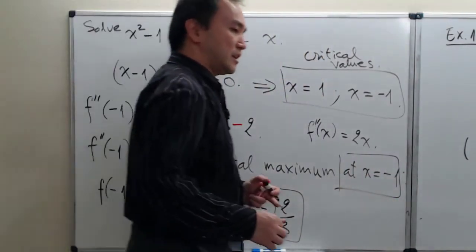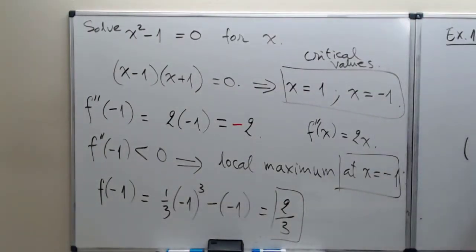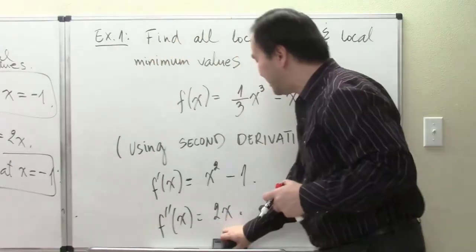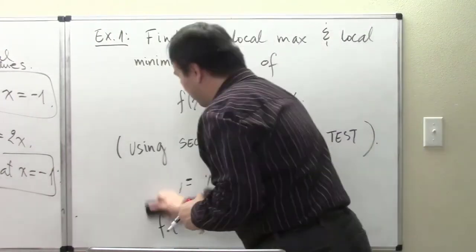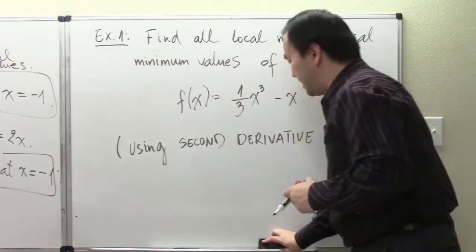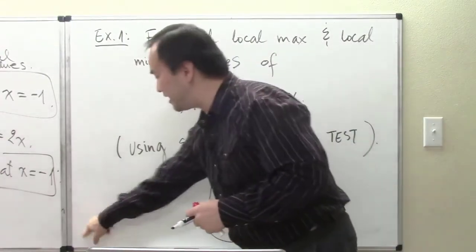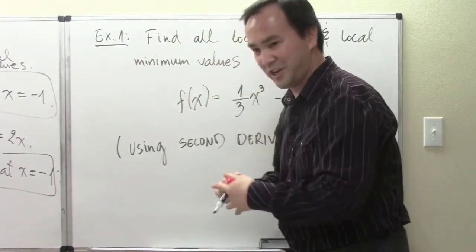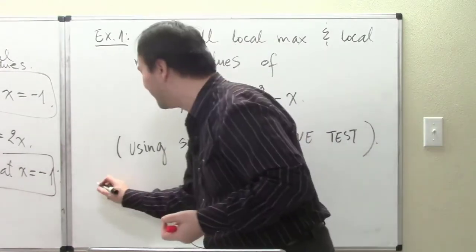Okay, so now concluding our answer. We already had our answer, but in case any of my students or any of our viewers have an instructor who wants to see the generalized conclusion, then this is how we say it.